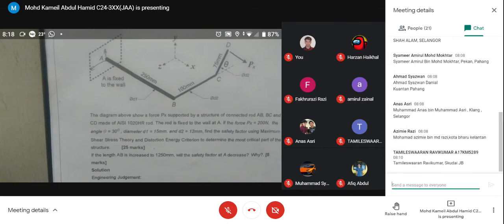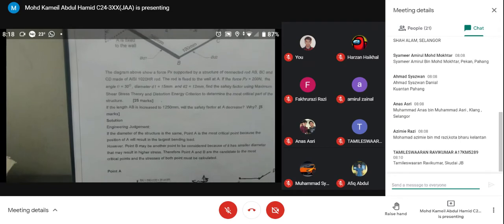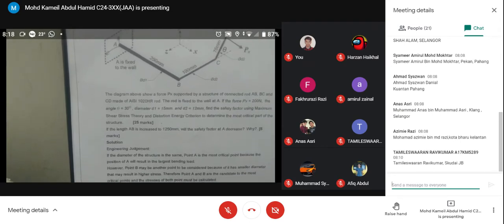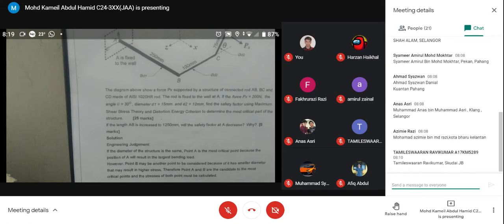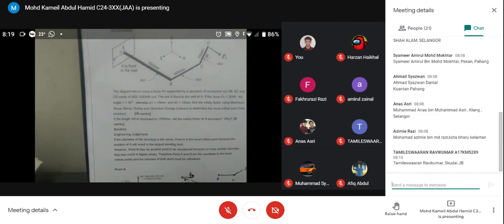However, point B is another point to be considered because it has a smaller diameter that may result in higher stress. Therefore, point A and point B are the candidates of the most critical point, and the stresses of both points must be calculated. So kita kena check point A and point B, and then find which one has the maximum loading.